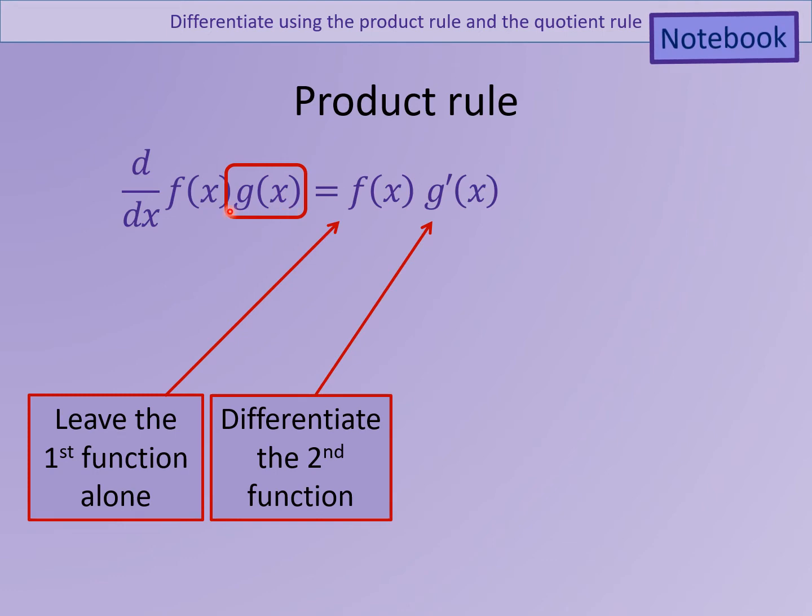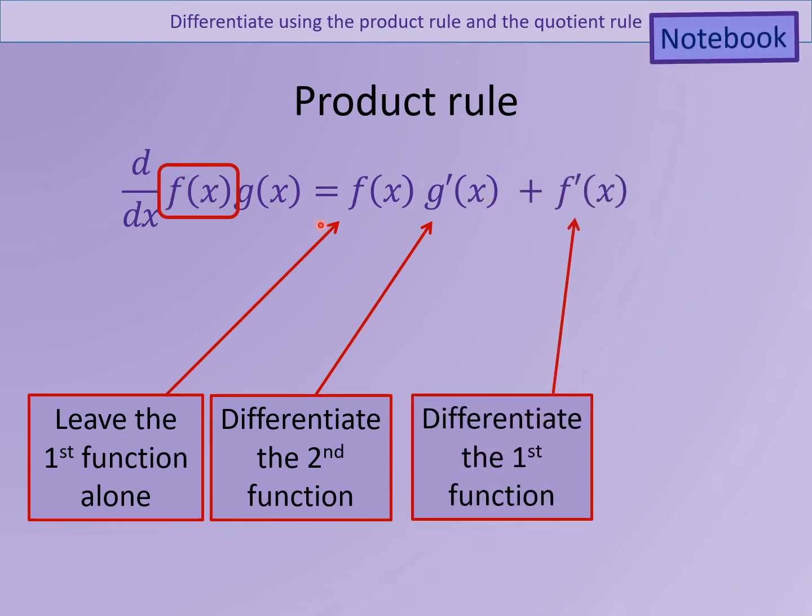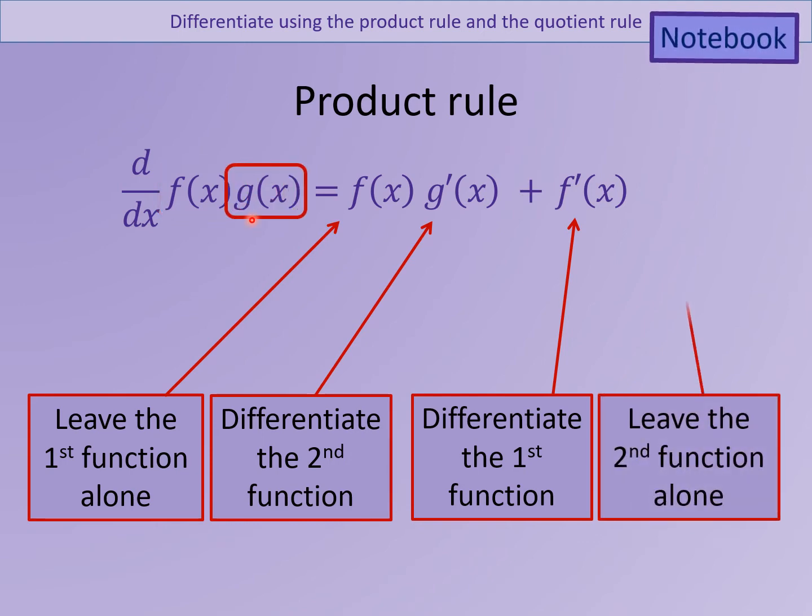Right. It's not quite as simple as just that though. What we need to do next is the other way round. We add the next part, we differentiate the first one, and we leave the second one alone. So you leave and differentiate, then differentiate and leave to end up with this rule just here, which is the product rule. Okay, pause if you need to.